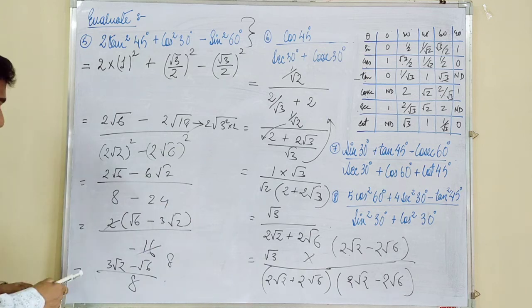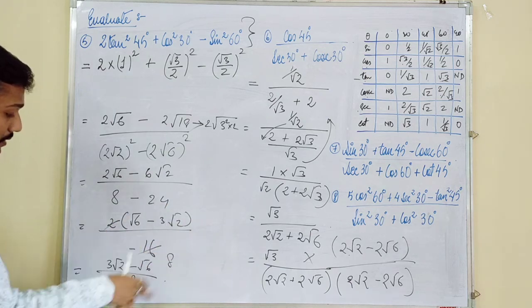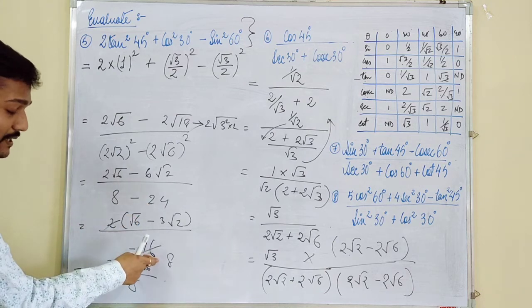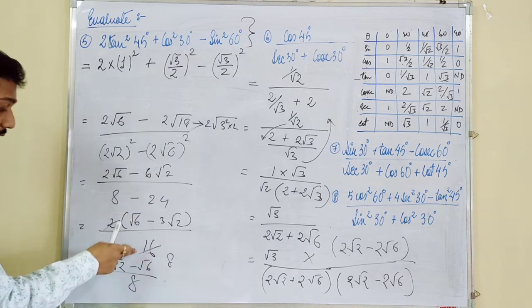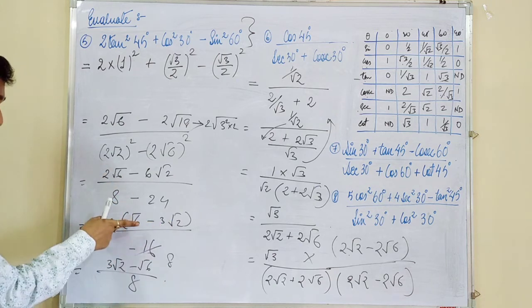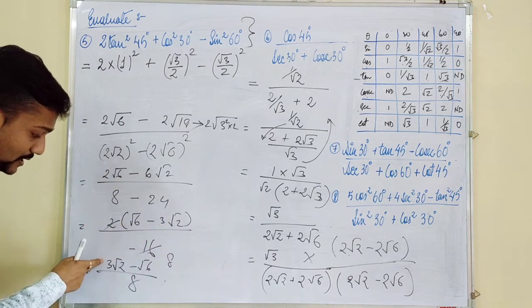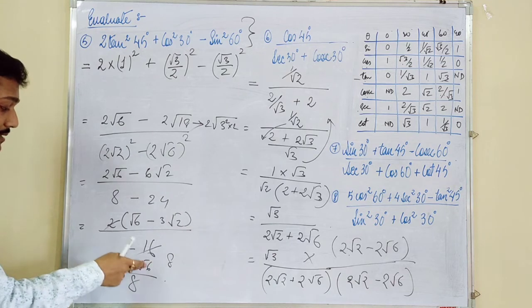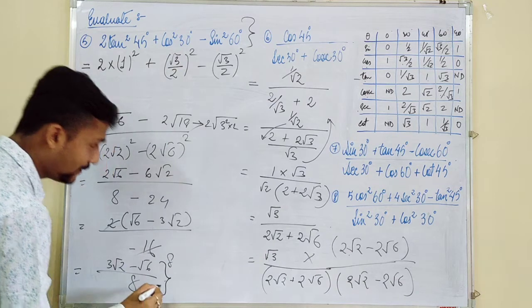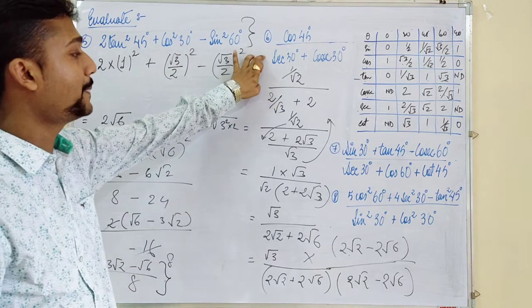See here now. Minus 16, if I take minus at top, 2 and 16 will cancel, it will be 8 here. If I take minus at top, this will become plus and this will become minus. So it will be 3 root 2 minus root 6. Okay? So with this, we get the final value of this particular part.